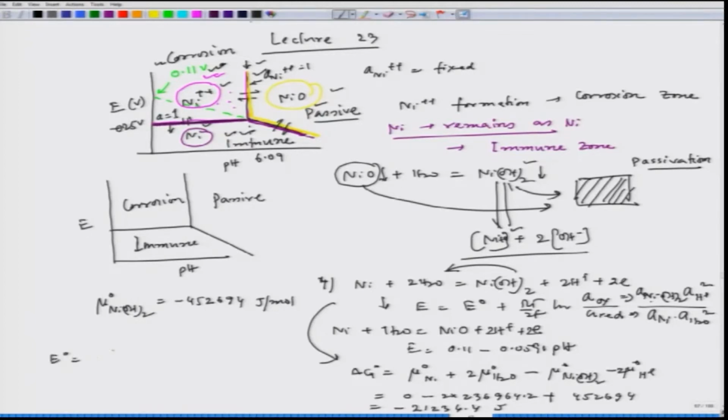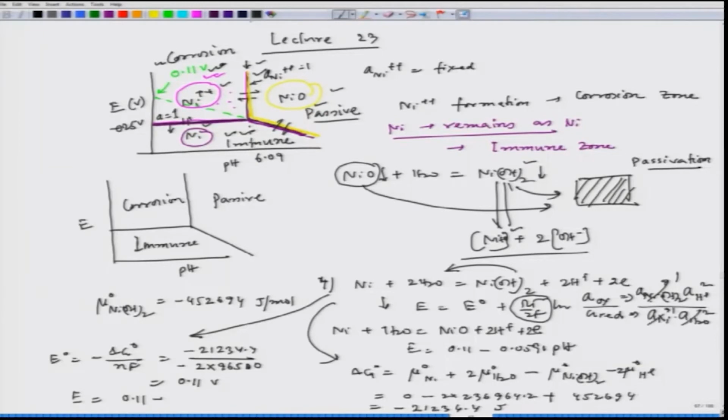so E0 would be equal to, so here this is minus 21234.4, n is equal to 2 and F equal to 96500 and with a minus sign. So, this becomes 0.11 volt. So, for this reaction you get E0 like this, and E would become 0.11 minus, if you do the simplification, this goes to 1, this goes to 1, this goes to 1.